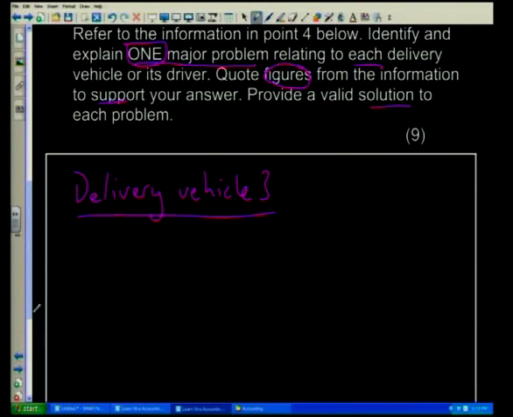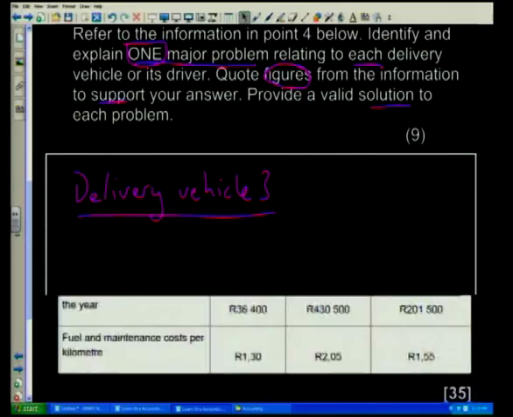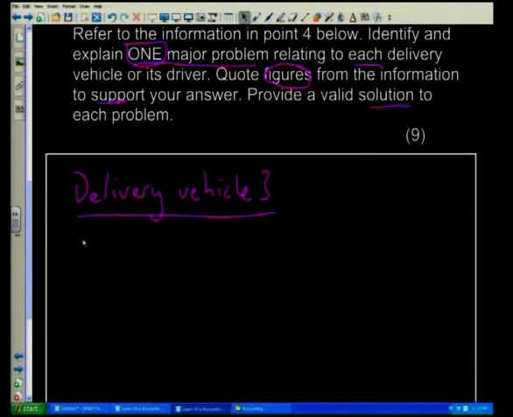You will see that Goldie used her vehicle to make 1,300 deliveries. So the amount of income that she should have earned is 1,300 times 250 Rand. Okay, so let's look at it on the calculator.